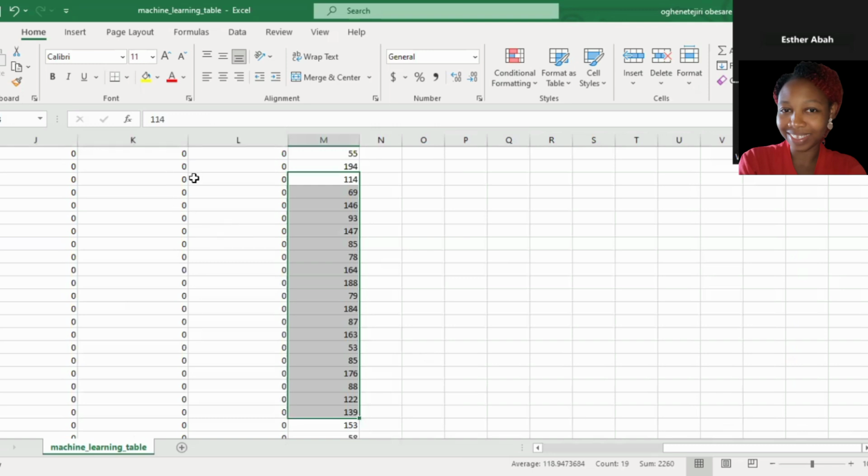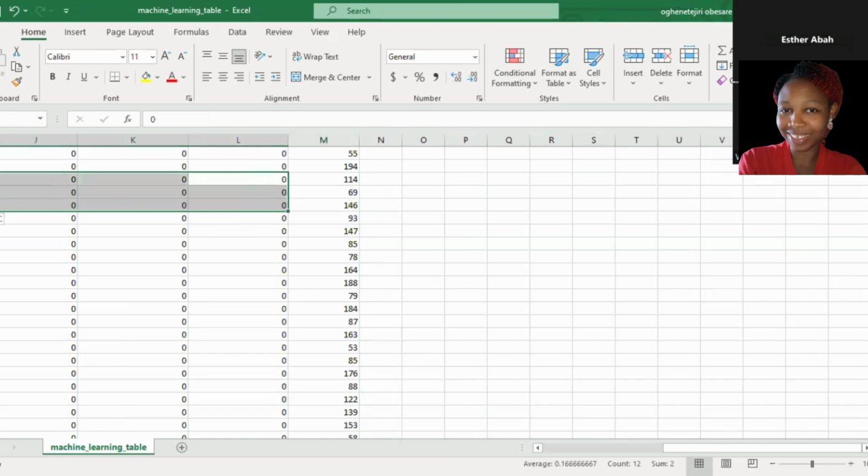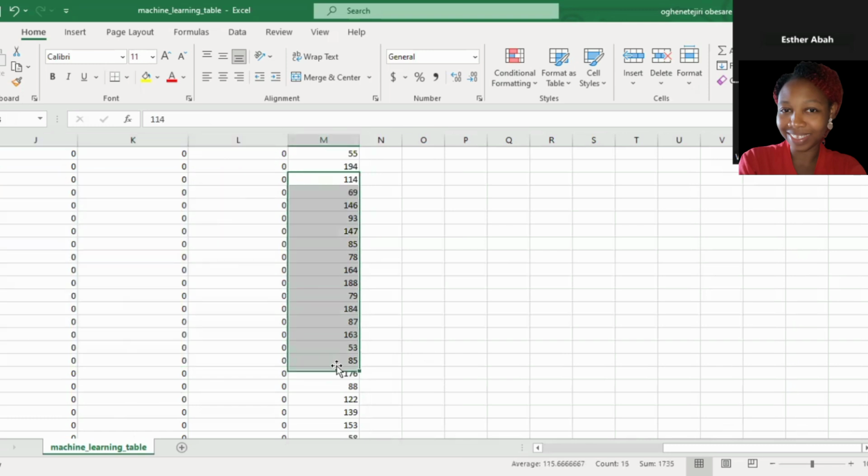So now, this X test, we're going to pack all this information and feed it to the model. What you are telling the model is, with all this information that I've highlighted, predict these values. That's what we are telling it to do.